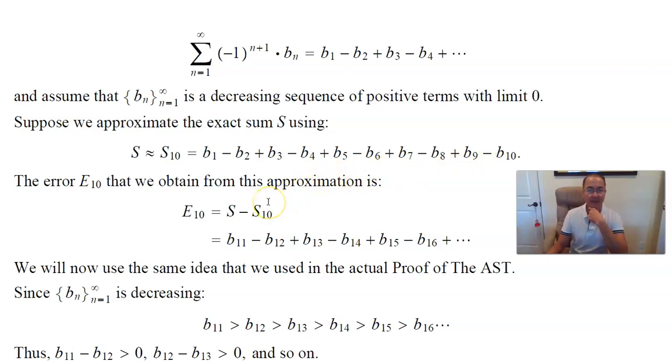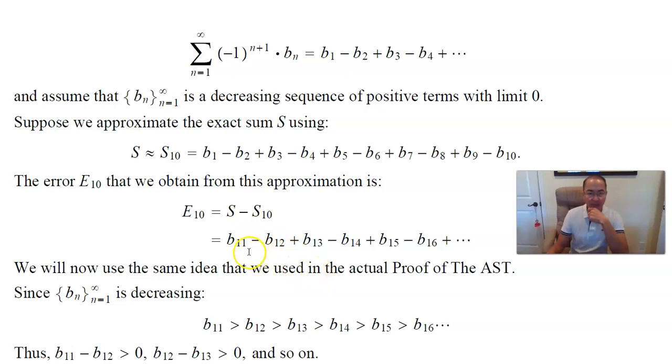Well, if S is the exact sum of the series and we subtract S10, we subtracted these terms, then the first remaining, surviving term will be B11. And it's going to be a plus B11 followed by minus B12 and so on. So this is the error that you get by accepting S10 as an approximation for S. That's the difference between S10 and S.